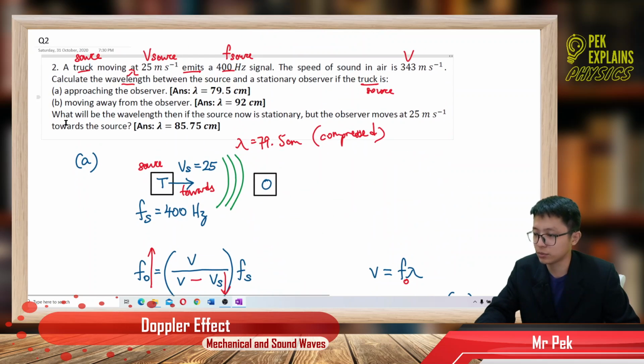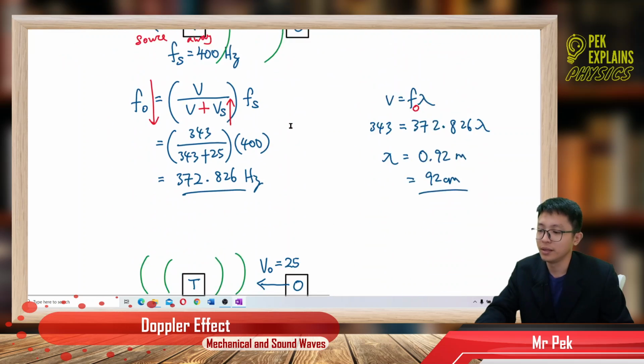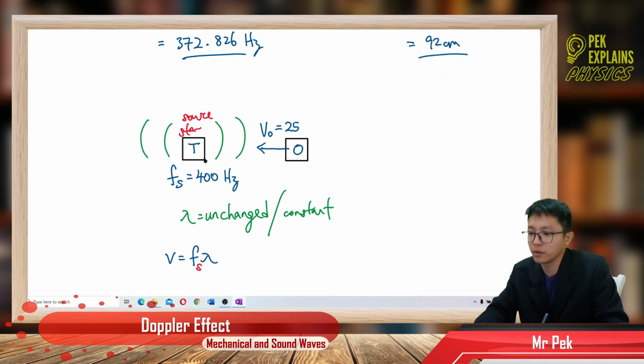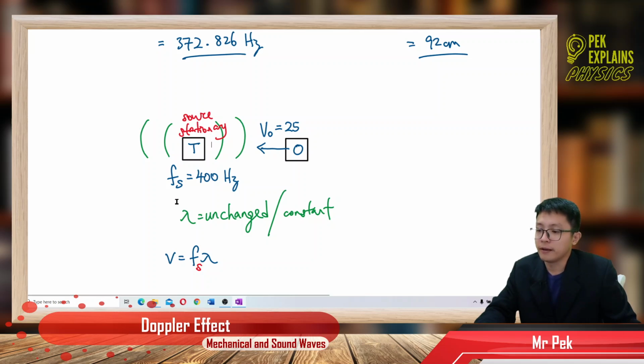Now look at the last one. What will be the wavelength if the source is now stationary, but the observer is moving at 25 meters per second towards the source? If the source is stationary, then the wavelength is unchanged.